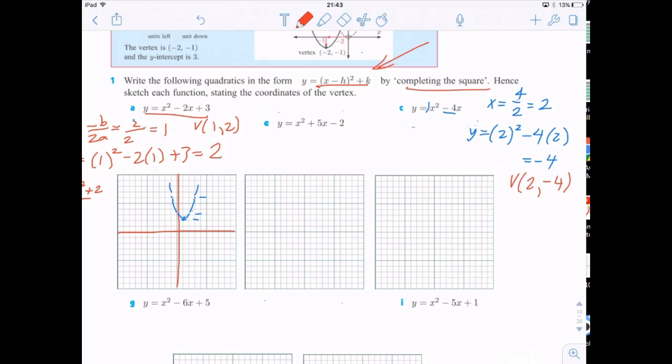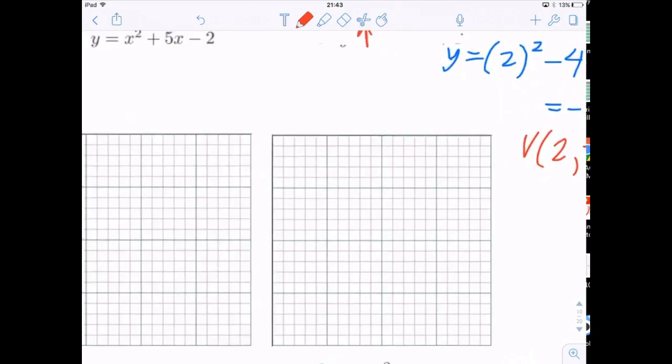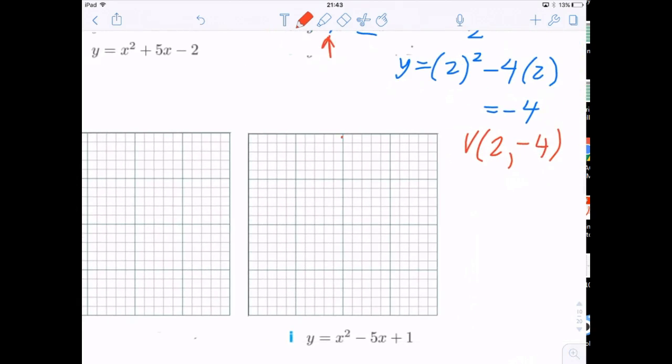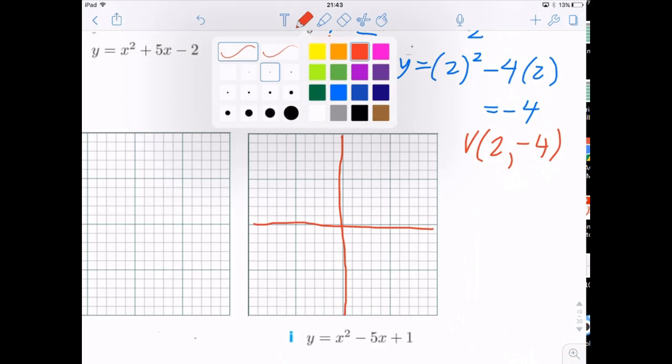And it is also a standard size parabola because the a value is 1. If the a value is positive 1, we know what it's going to look like. It's going to open up, and it's going to be a standard size parabola that rises at a rate of 0, 1, 4.